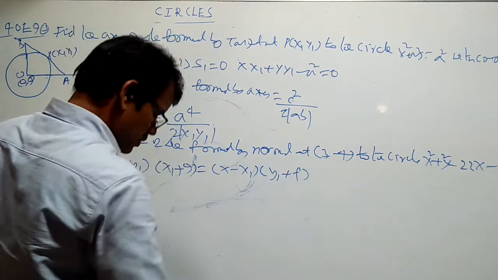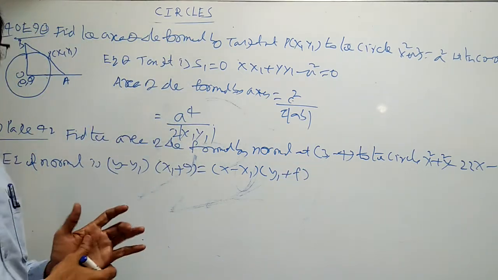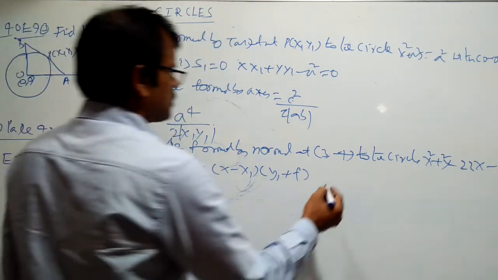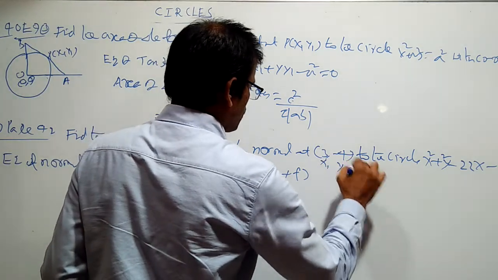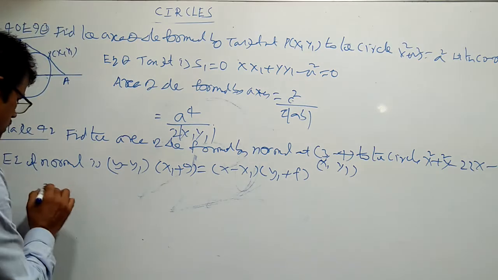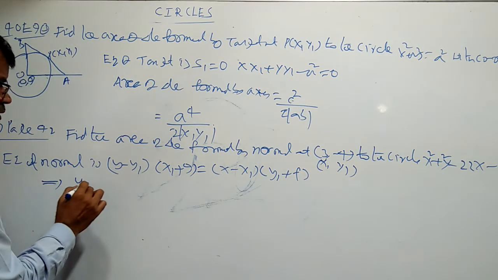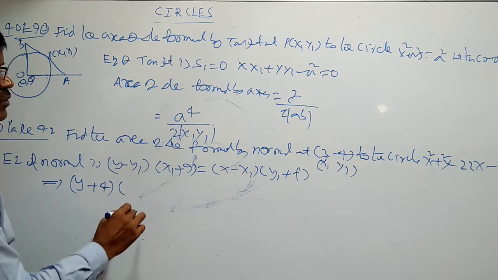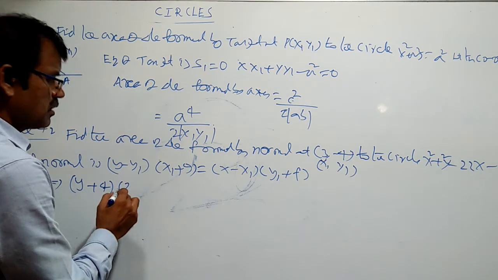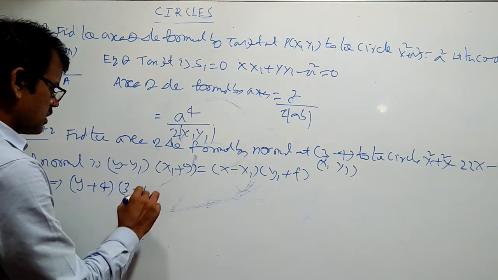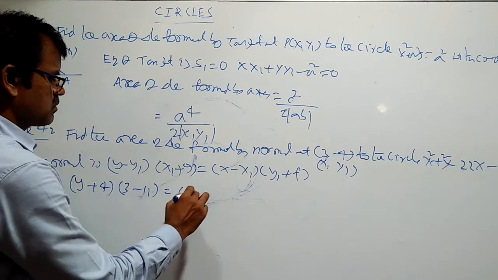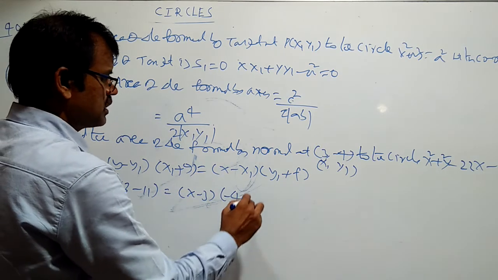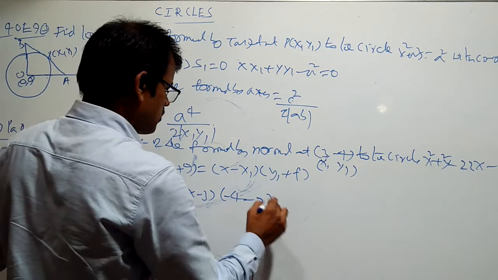This is the equation of the normal of the general circle at (x1, y1). Now you can use (3, minus 4) as (x1, y1). That implies you can write here (y plus 4) into (x1 plus g). What is x1 here? 3. What is g here? Minus 11, is equal to (x minus 3) into (y1 plus f). y1 is minus 4, and f here is minus 2.